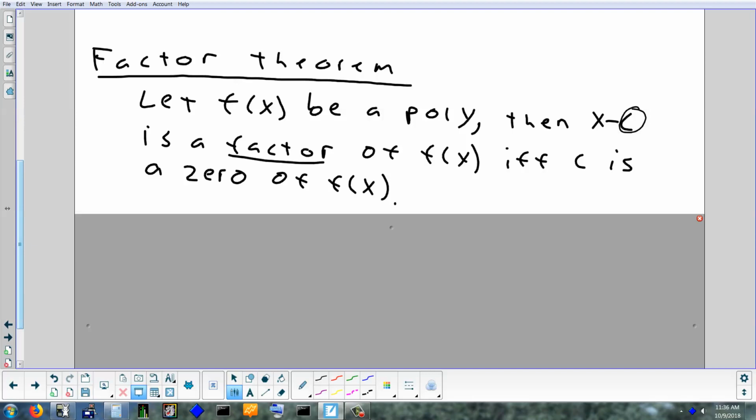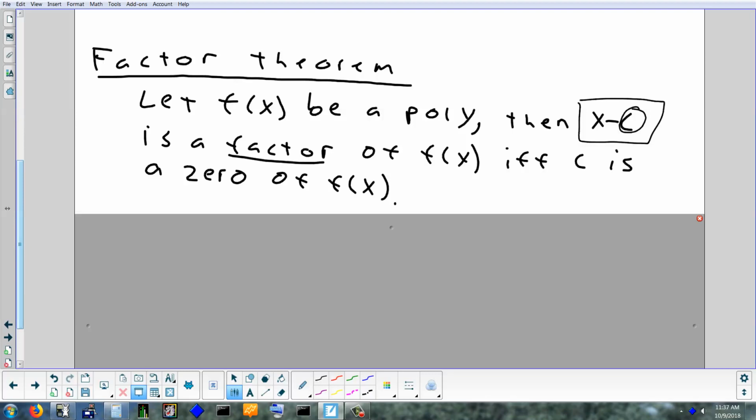That's basically what the factor theorem says. So you plug that number into the original polynomial, and if it comes out to a root of the original polynomial, then that means you have a remainder of 0, which means this is a factor. X minus whatever the number is.